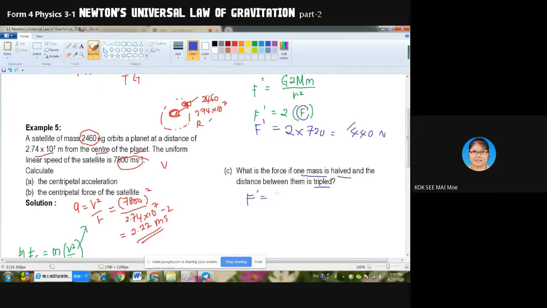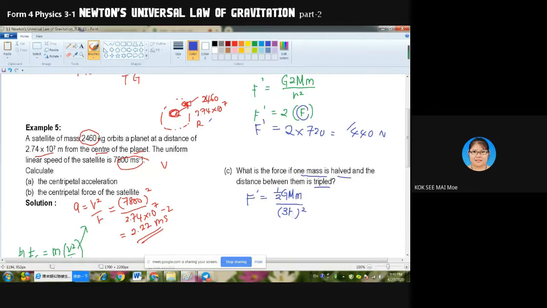So I make half G M small m over... triple, sorry, not cube. Triple means times 3. Okay, I still square. 3r squared. But you are triple.